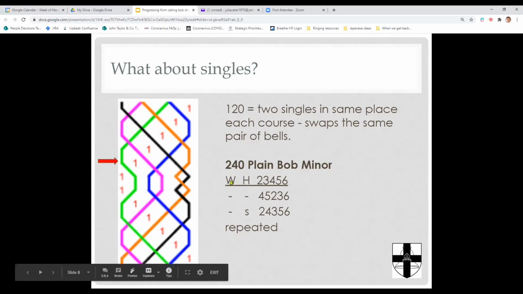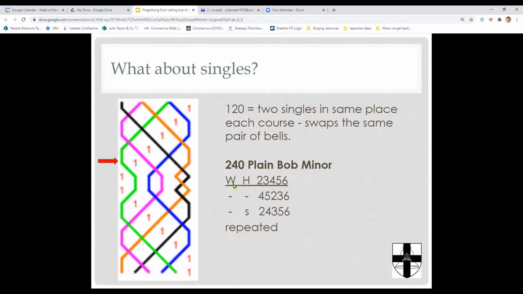So if we have a look at our wrong home that we were talking about, it's at 120, so 2 courses. What we can do instead, rather than calling the 2nd home as a bob and it comes round, is put a single in. So we do wrong, home, and it produces that order which we know, wrong, and then home, and then you can see it goes 1, 2, 4, 3, 5, 6.